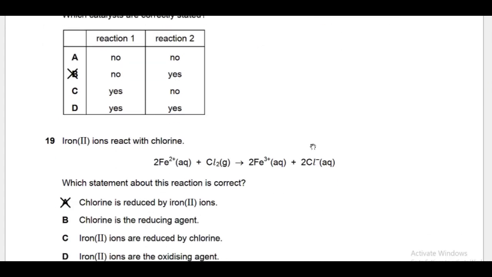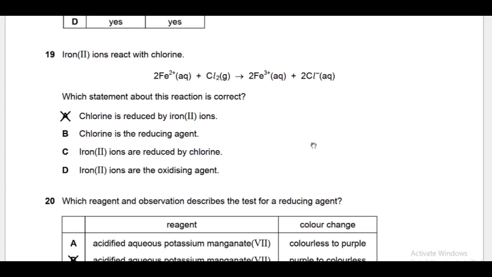Next, 19. Iron(II) ions react with chlorine. Which statement about this reaction is correct? Here iron(II) is oxidized, chlorine is reduced.